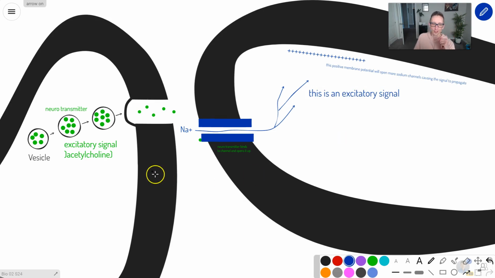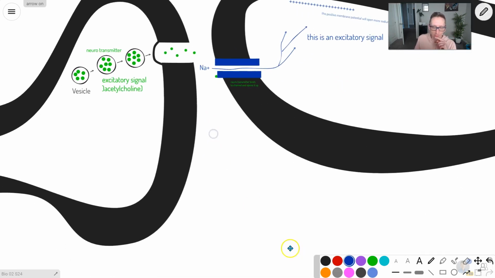All right, let's talk about an inhibitory signal. It's still the same little story right here. We've got vesicles. They're full of stuff. That stuff is a neurotransmitter.